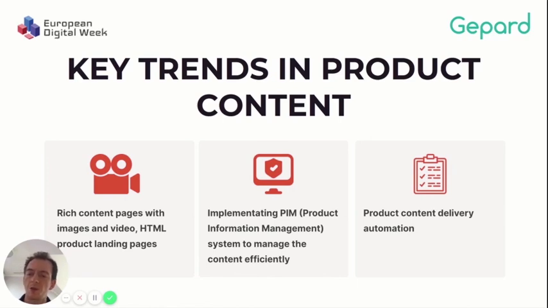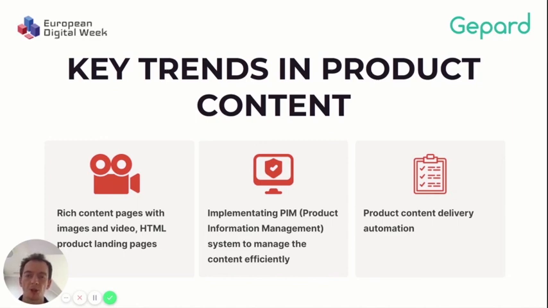So specs are still very important, but they are more used in navigation and in search. And when you have a consumer or a customer coming to the product page, there you have to really present them appealing content, convincing content.